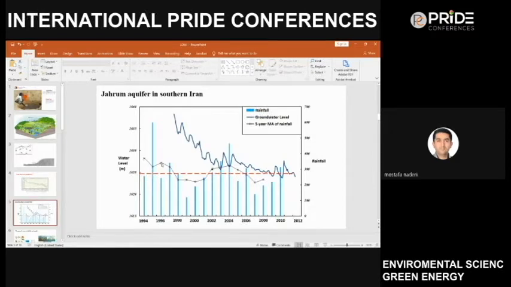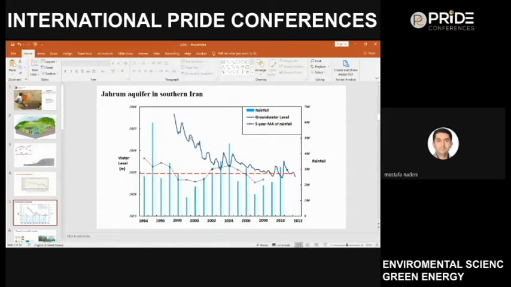This is the 5-year moving average of the precipitation in the region. As you can see here, the decreased precipitation cannot be the main factor for the declining water table, and it is concluded that another factor must contribute to this decline, and it is groundwater overexploitation.